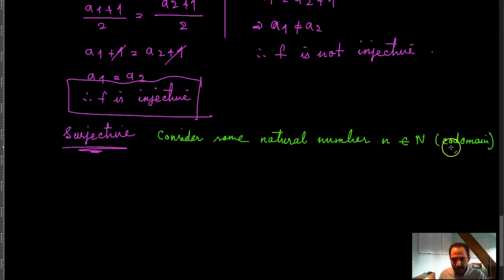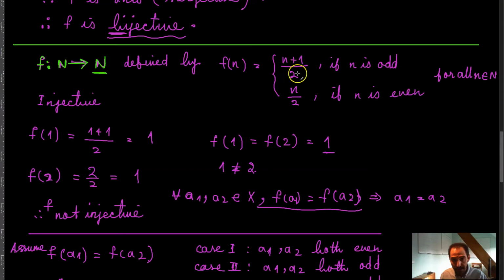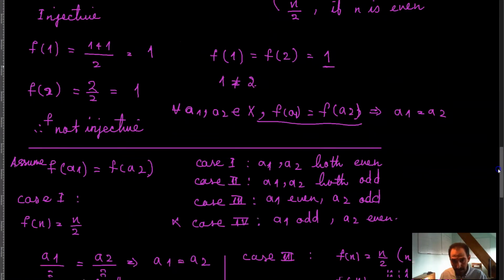And if that is the case, then you will have basically two cases there. Case one, you can say that either, for example, n is odd, in which case you can use this part of the function, n plus 1 divided by 2.